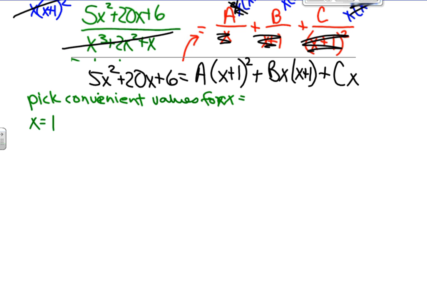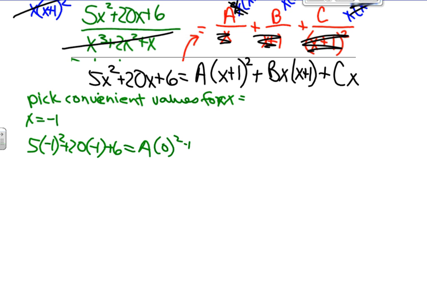And when I put in negative 1 there, I get 5 times negative 1 squared plus 20 times negative 1 plus 6 equals A times, I said negative 1, but for some reason I did not write it up there. I'll just rewrite that part. x equals negative 1. Now, this is A times 0 squared. Do we agree? Because negative 1 plus 1. And this is B times negative 1 times 0. And this is C times negative 1.